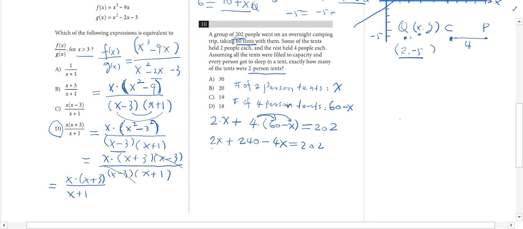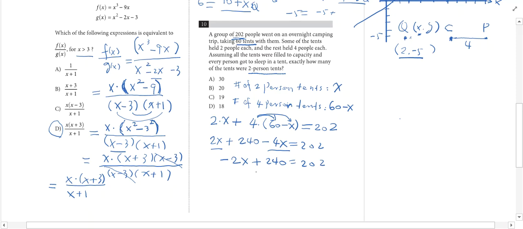Now simplify the variable terms: 2x minus 4x is negative 2x, plus 240 equals 202.